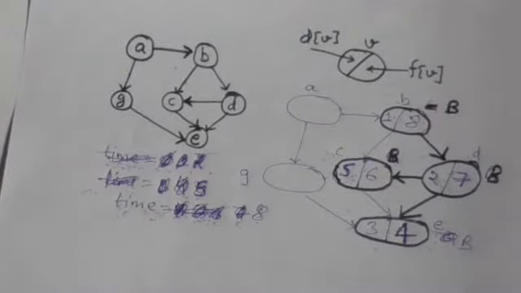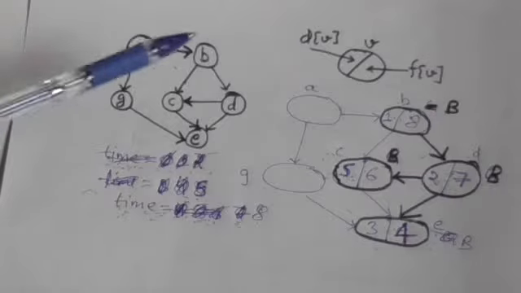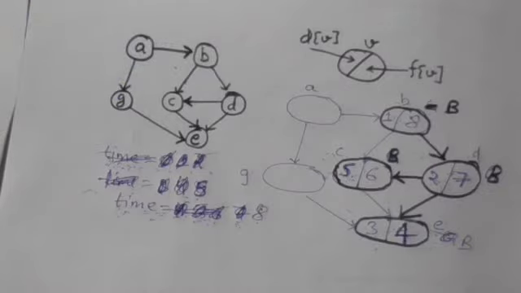Now what will we do? We will take any white vertex of this graph and call depth first search visit function on that vertex, right? Actually what we have to do, until all vertices of this graph become black, we will take any white vertex and call depth first search visit function on that vertex, right?